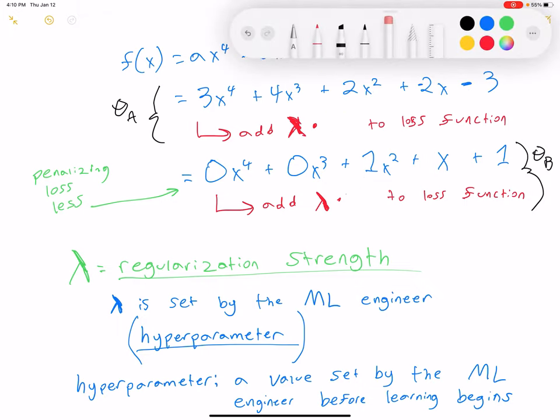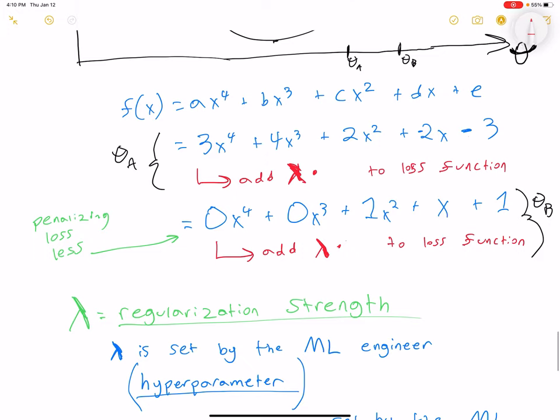Important math detail is that technically this would be 3 squared plus 4 squared plus 2 squared plus 2 squared. And this would be 1 squared plus 1 squared plus 1 squared.